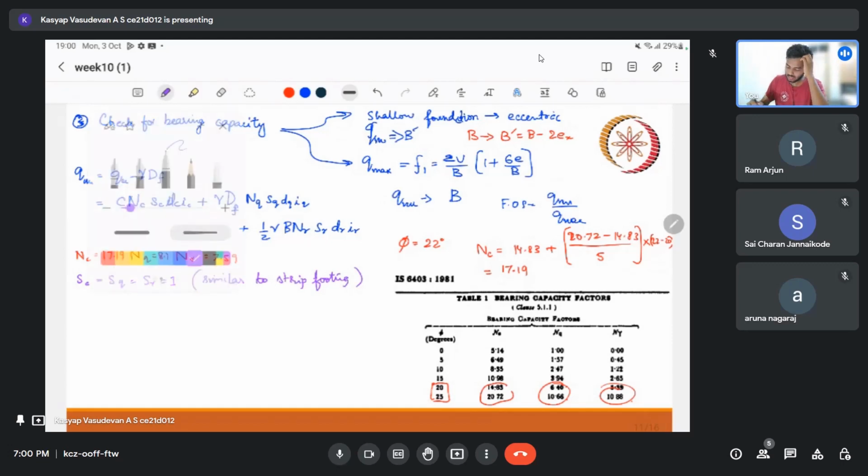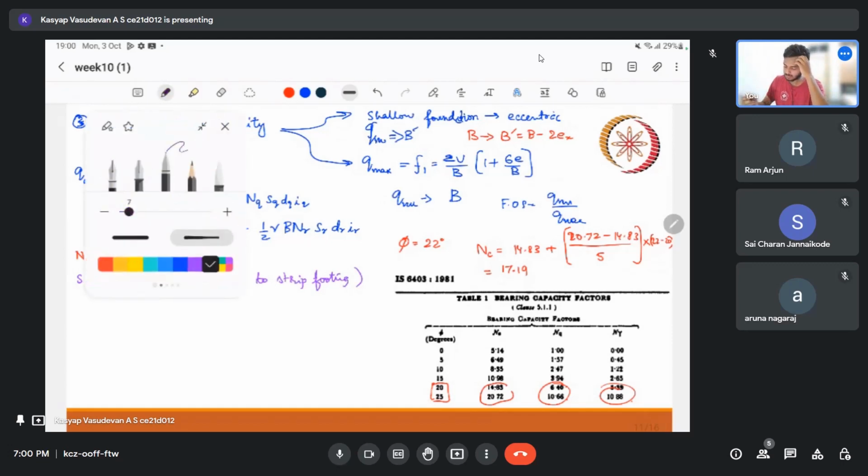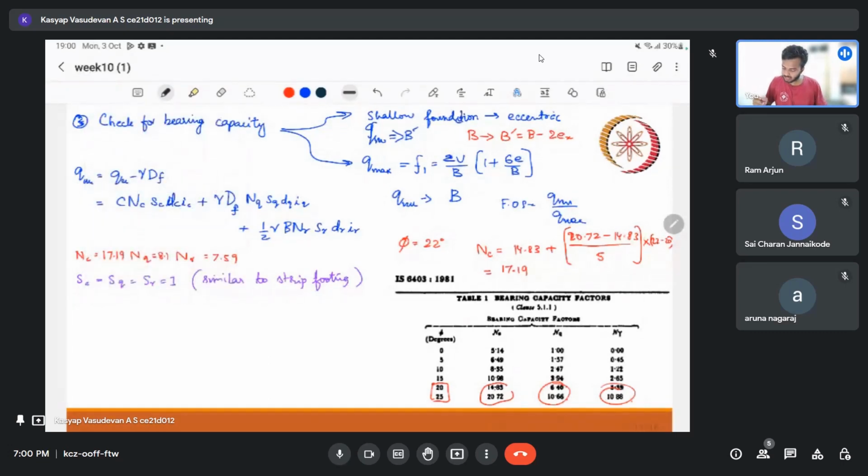The next thing is our depth factor, d_c, d_q, d_gamma. Before we use it, we need to find our updated breadth.